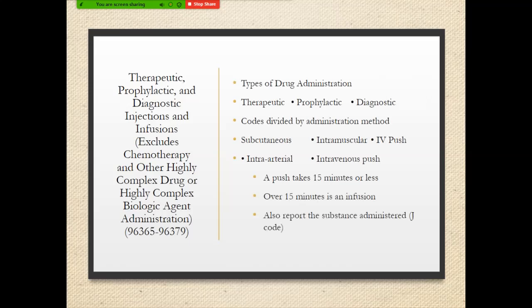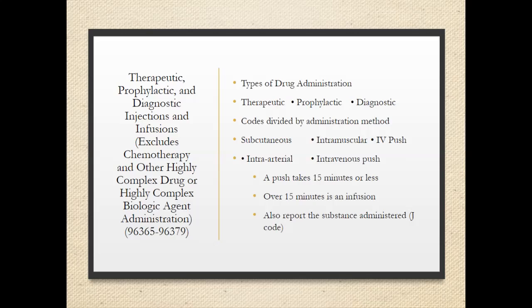Okay, so there is a lot of information on this slide, so we're going to take it a little slow. Therapeutic, prophylactic, and diagnostic injections and infusions. It's going to exclude chemotherapy and other highly complex drug or highly complex biologic agent administration, 96365 through 96379.